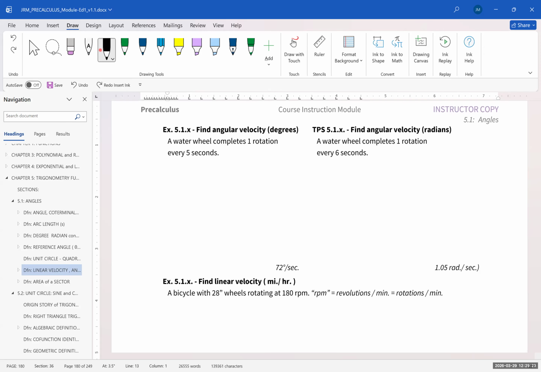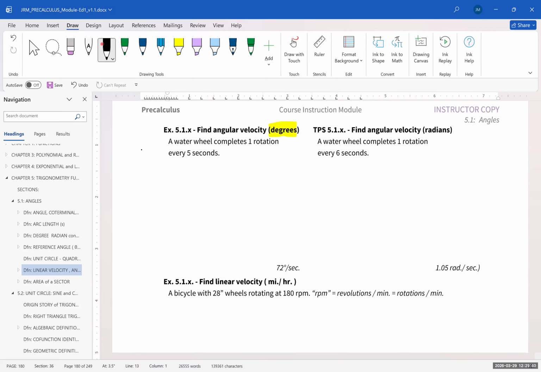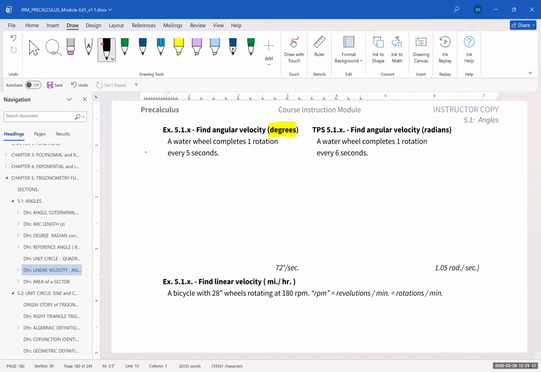Find the angular velocity, and we want the angular velocity in degrees. What we have to work with is a water wheel completes one rotation every 5 seconds. All right, so let's take a quick look at that. So we've got a water wheel.